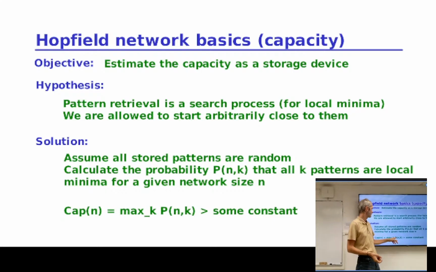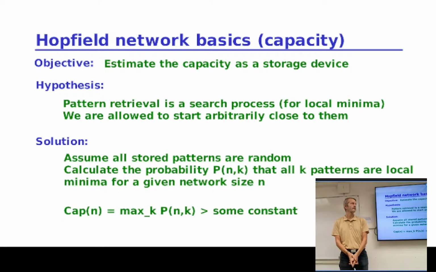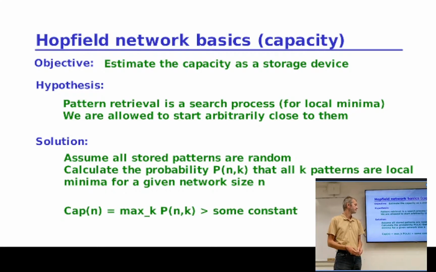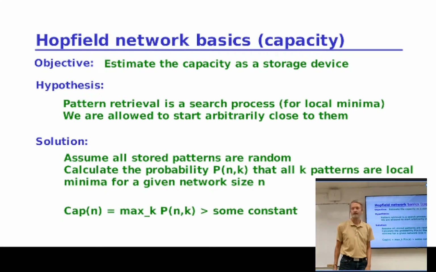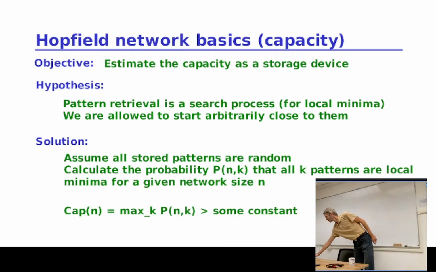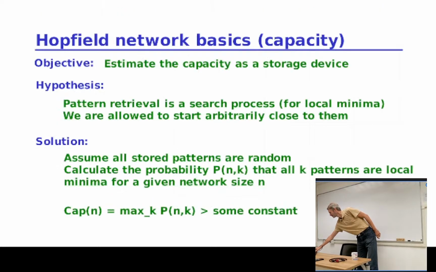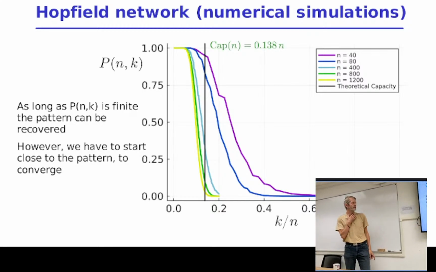If this probability is sufficiently large, then you can say that, okay, I can store this amount of patterns in my network. If the probability is too small, then you say that this is too much, right? So you expect such a behavior, okay?